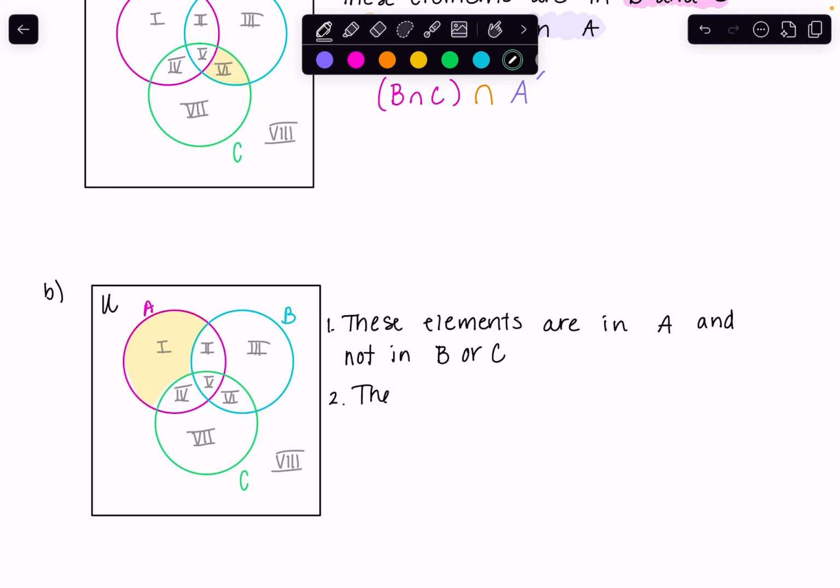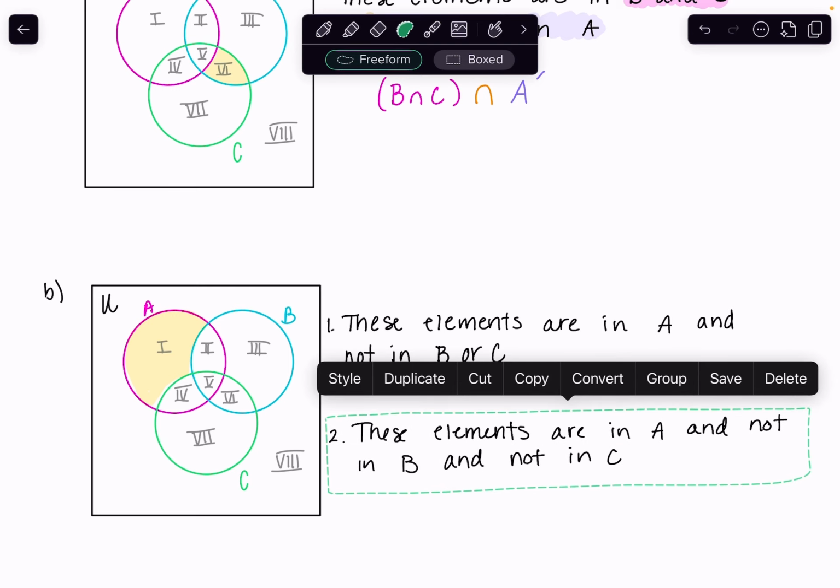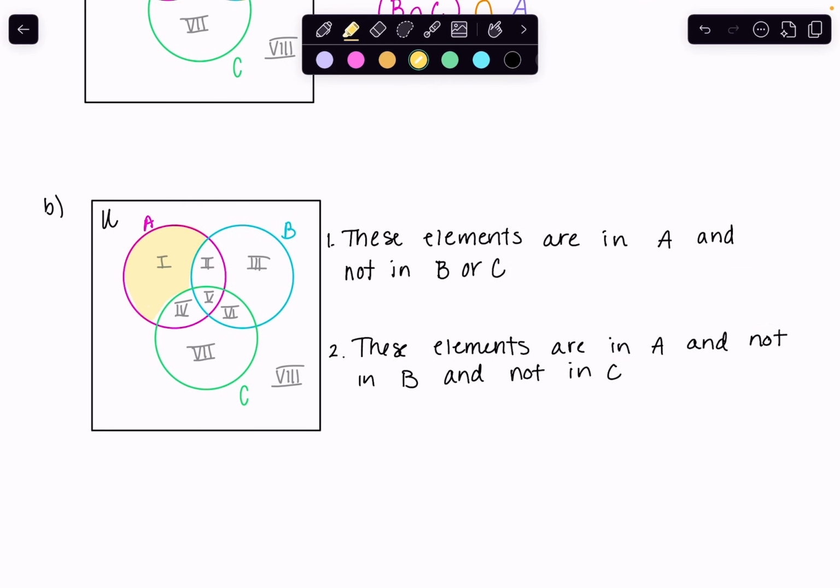So a second way to say this is these elements are in A and not in B and not in C. So give it a little space so this way I can actually write this set down. They're in A, so that means I definitely need to write that they're part of it. And that tells me to go ahead and put an intersection.